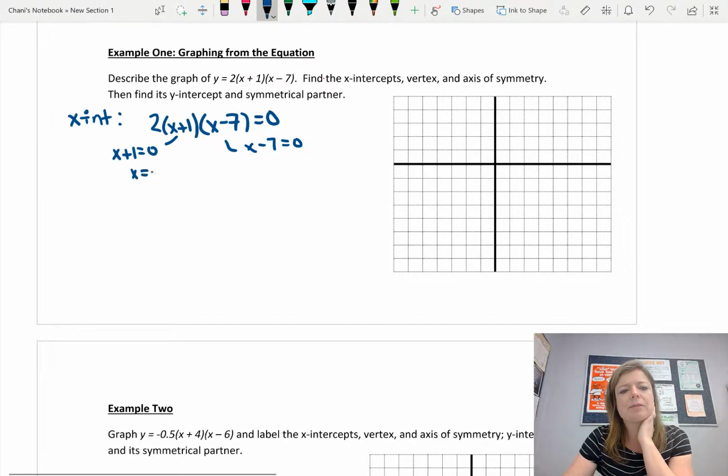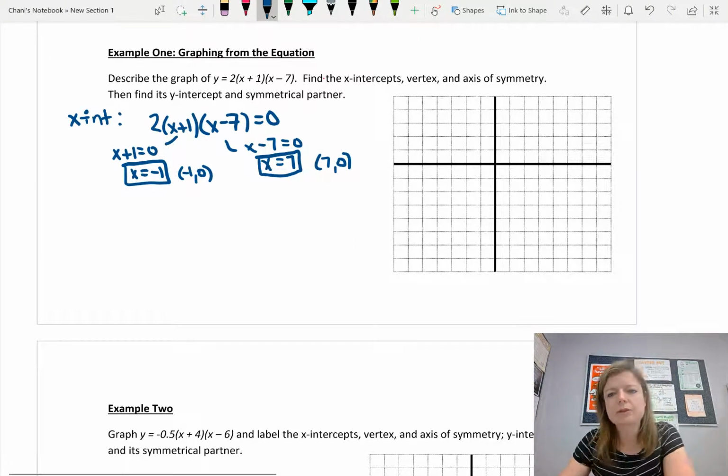So x is equal to -1 and x is equal to 7. So those are the two x-intercepts. So this is the coordinate (-1, 0), and this is the coordinate (7, 0). So we can plot them.